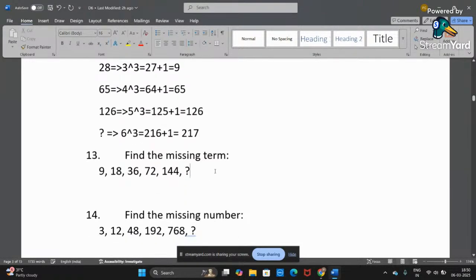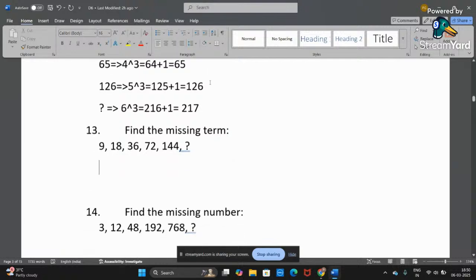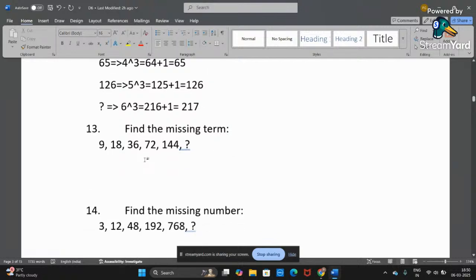Now let's move on to the next one. Here, this is very easy. Just check the difference between 9 and 18. It is 9. Then 18 to 36, the difference is 18.